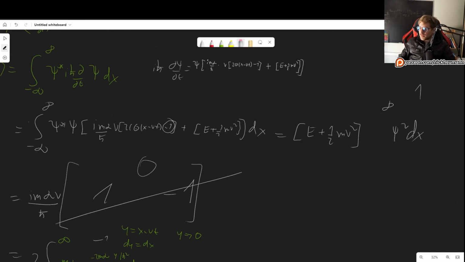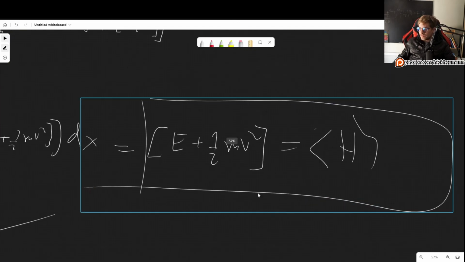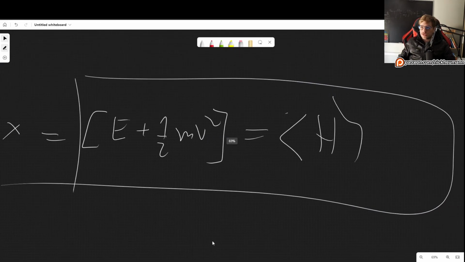So the expectation value of the Hamiltonian is this. And as you can see, the expectation value of the Hamiltonian is the energy of the bound state plus the kinetic energy that the group of the waves, the wave packet, has.